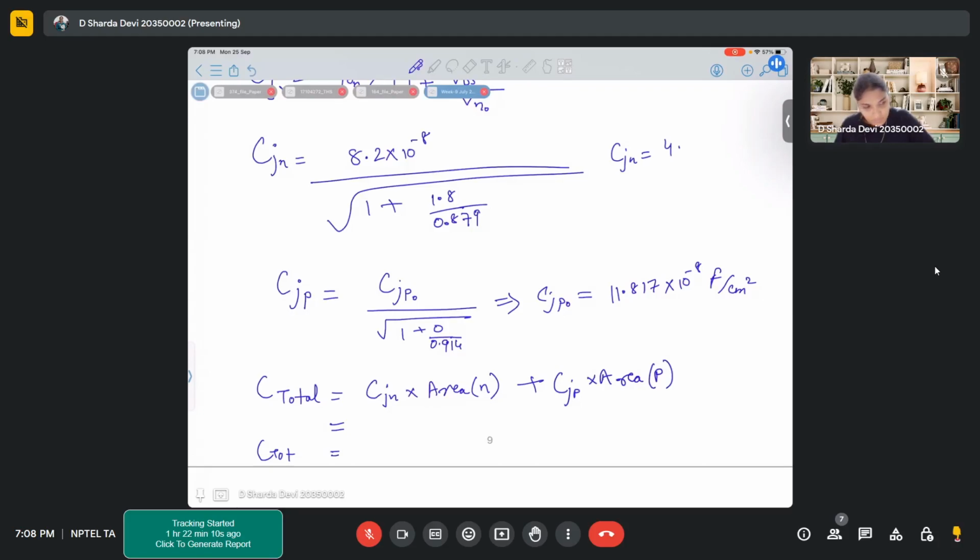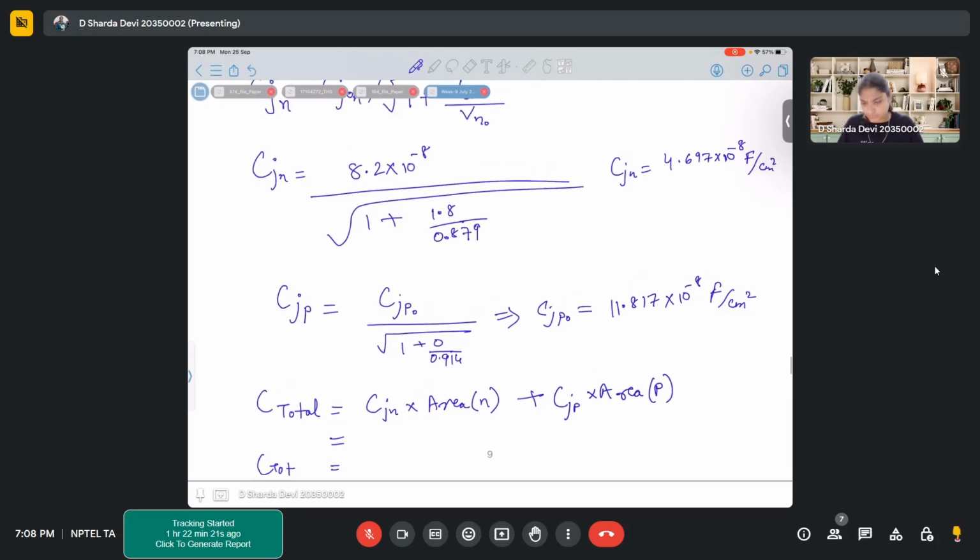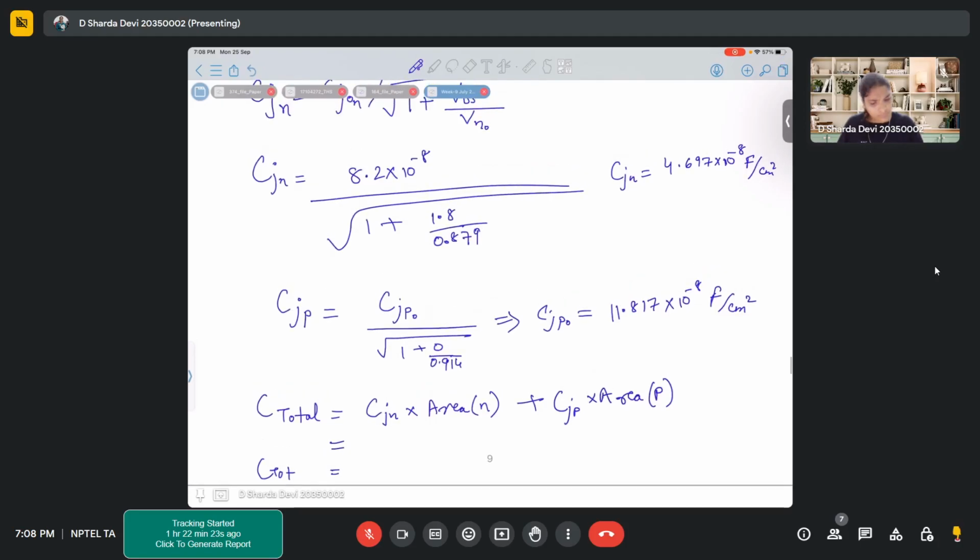So this is 4.697 into 10 to the power minus 8 farad per centimeter square. Did anyone get it?